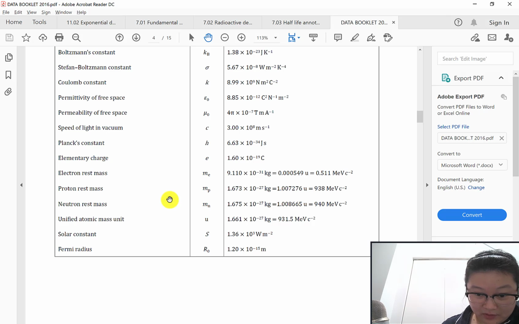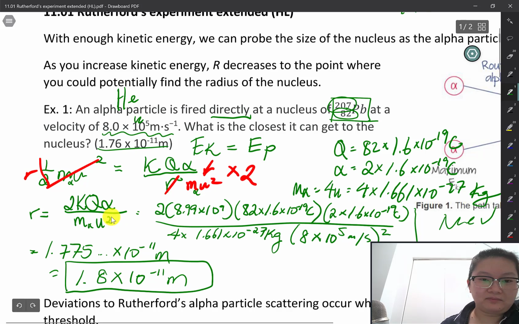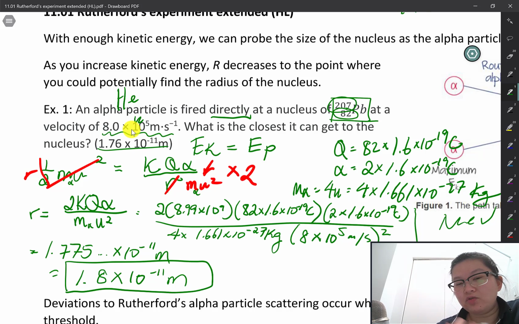The reason why we want to use the unified atomic mass unit and not the proton or the neutron mass is because this alpha particle is technically already in a nuclear form. The protons and the neutrons are glued together by the nuclear strong force, which maybe you might not have learned about yet.